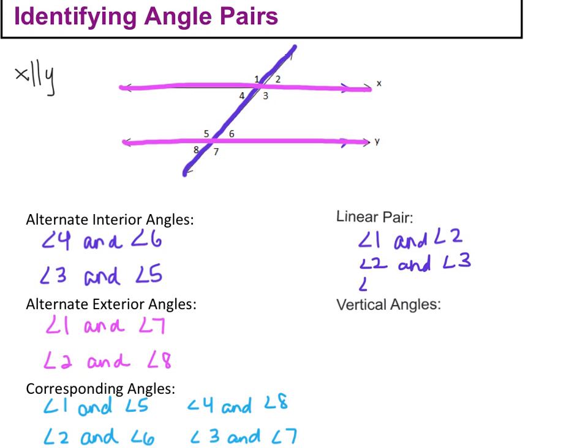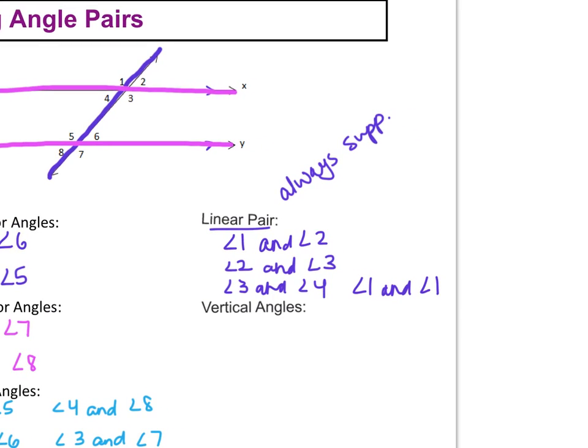We could say angle 3 and angle 4. And we also can say angle 4 and angle 1. So linear pair, always supplementary. And those angles will be side by side with each other. So there's 4 of them. There actually are 4 more because that was just the first grouping of angles.